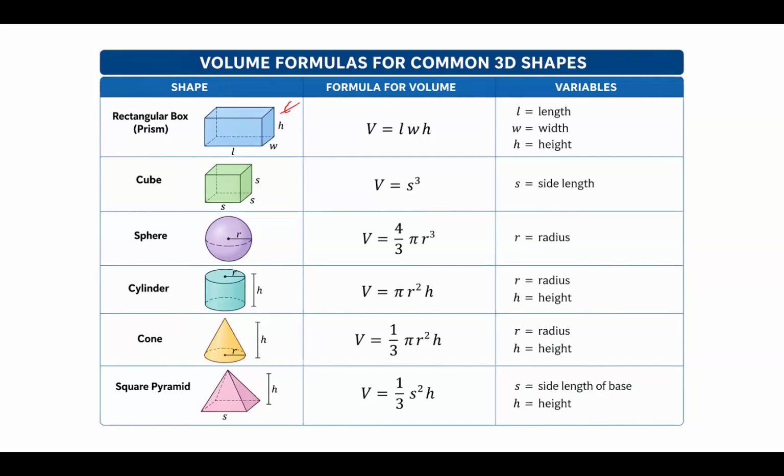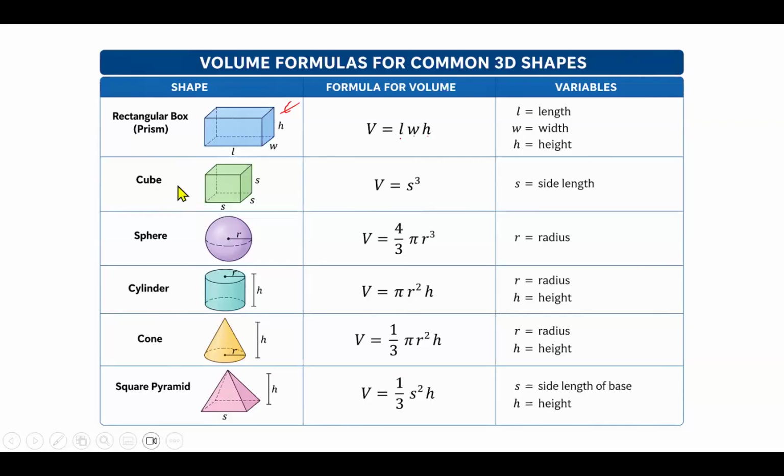So a prism usually refers to these boxes. The volume of a box or a prism would be length times width times height. I don't have a multiplication sign, but remember that in algebra, if you have letters together, it implies multiplication. So this is L times W times H.